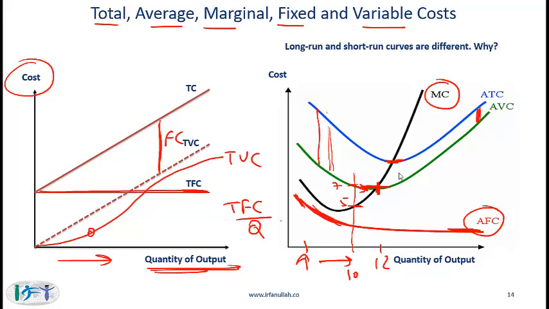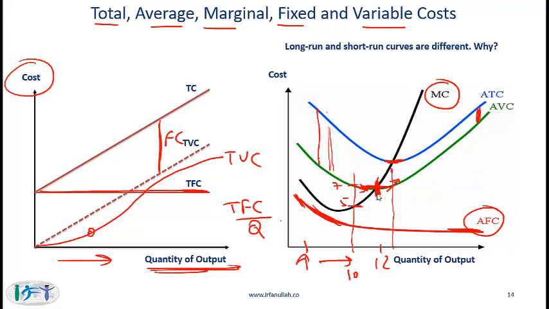On the other hand, if you are, let's say, at this point where the marginal cost is more than average, then producing that additional unit will pull up the average. Since being on the right or producing one more unit to the right of this minimum pulls the average up, and being to the left pulls the average down, that's why it must be that the marginal cost intersects the average variable cost at the point where the average variable cost is the minimum.